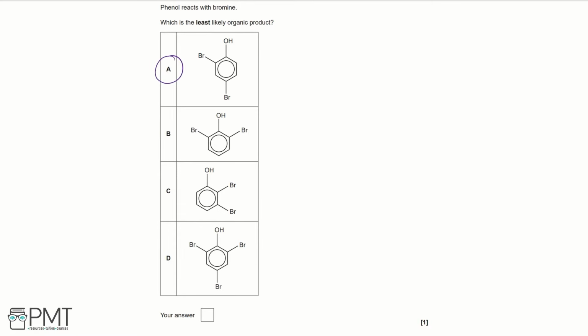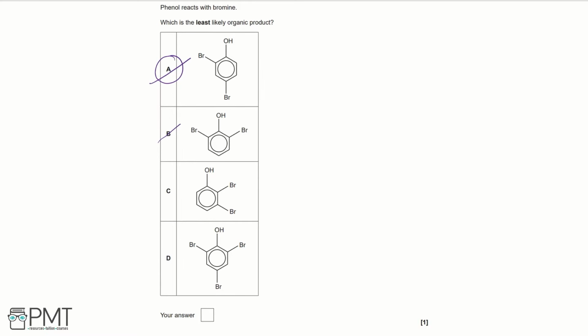So it is not the least likely organic product. Therefore, we can cross out A. For B, we have positions 2 and 6. So again, because it's a 2,4,6 directing effect, B is a possible organic product. So we can eliminate B.